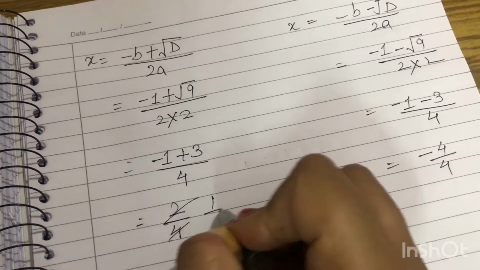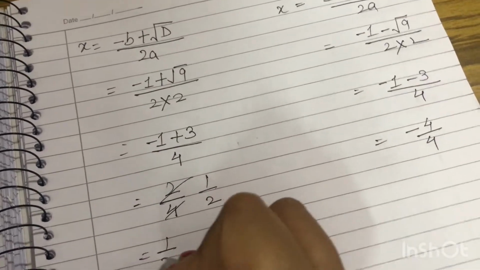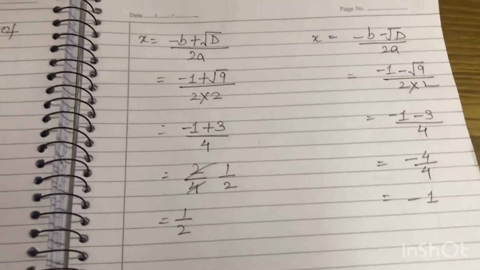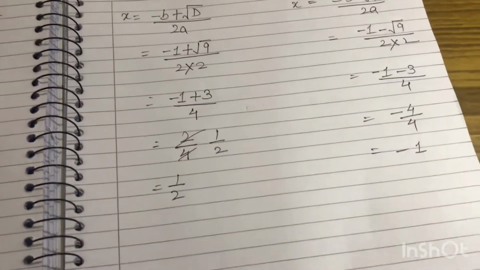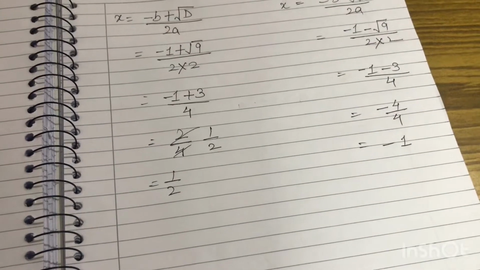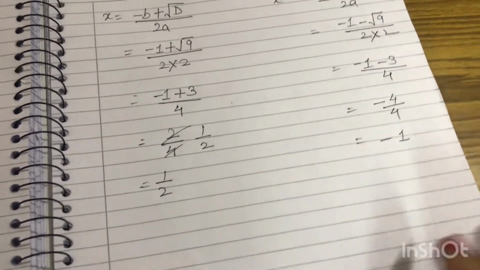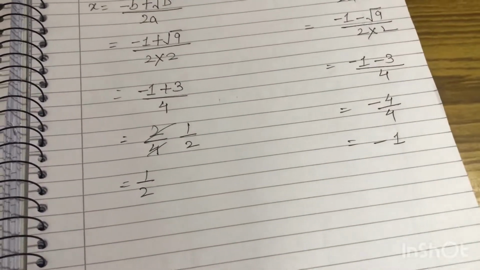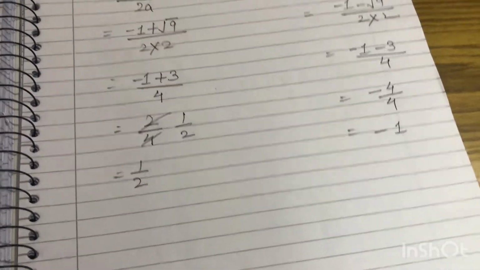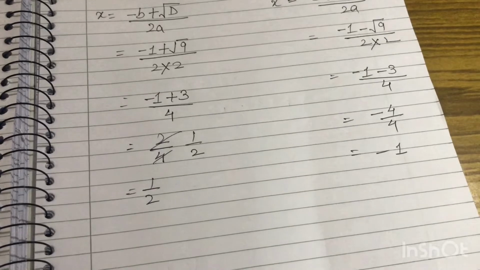So first root is 1 by 2 and second root is -1. So you can see these are the two roots of the given equation and what I have written as nature: real, unequal and rational. See, they both are real numbers, they both are rational, they are unequal also. Half is not equal to -1.